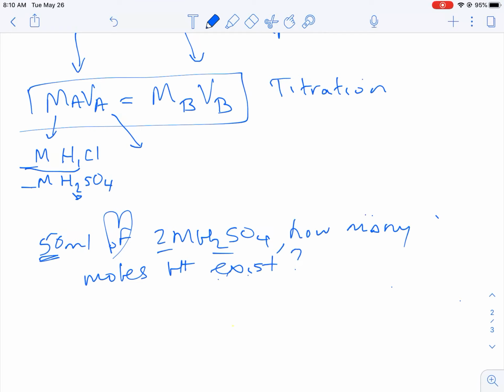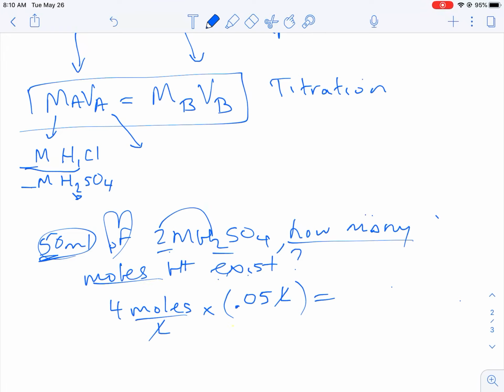All I have to do is, I still have my 2 times 2 from these two numbers being multiplied, so I have a 4 molar solution, but remember that's 4 moles per liter. That's what molar is. And if I try to use 50 milliliters, I'm going to have a crazy looking unit. But if I change that over to liters, I will wind up with 0.05 liters. In order to multiply that out, you'll notice that the units will factor out and give me the units that I'm looking for, moles.